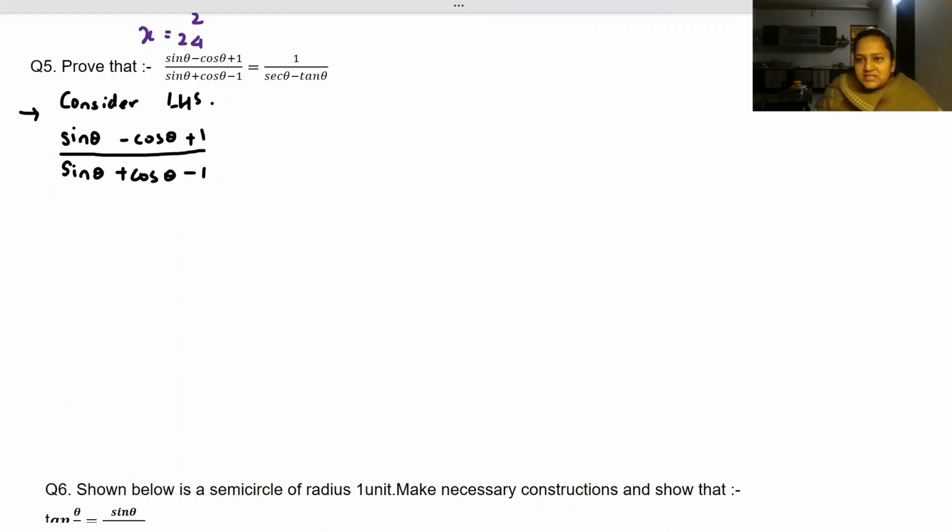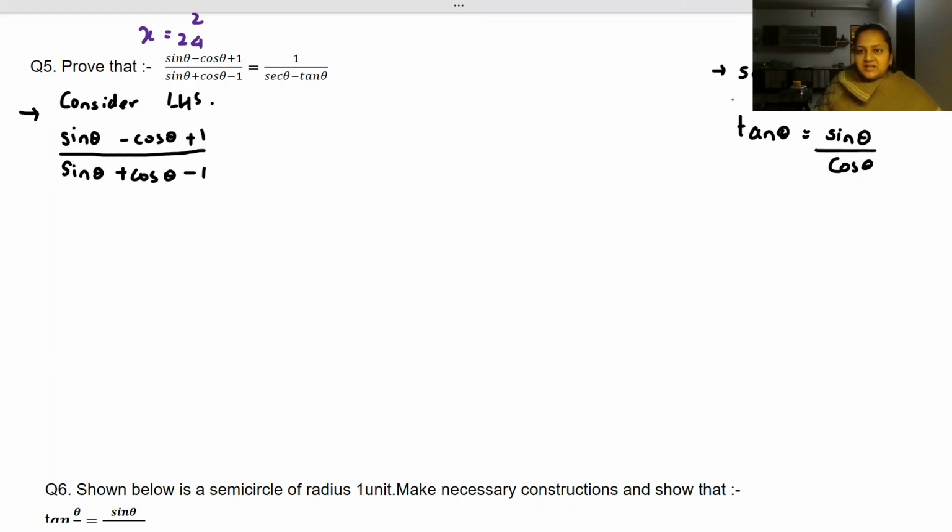If we look at sec θ, what is sec θ? Sec is nothing but 1 upon cos θ. And what is tan θ in terms of sine and cos? Tan θ is sin θ upon cos θ.